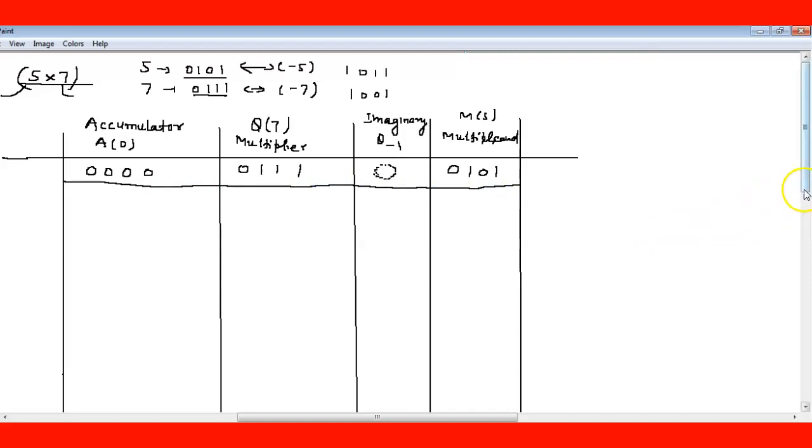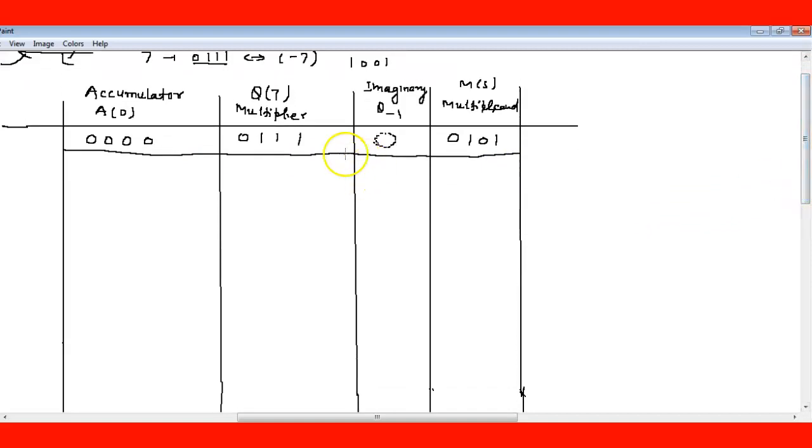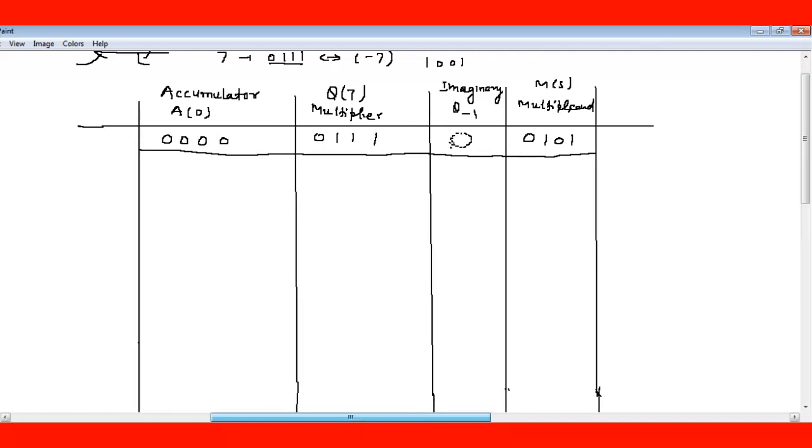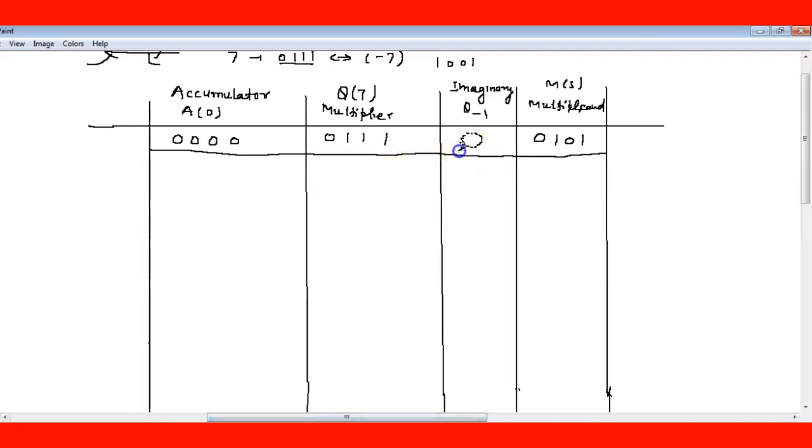Now we'll see the transition from here. This is 0 and 0, so what is the first transition? The algorithm says at each step we have to examine two adjacent bits. If 0 to 1, then subtract m from a. So here you can see the examined bits are 0 to 1.